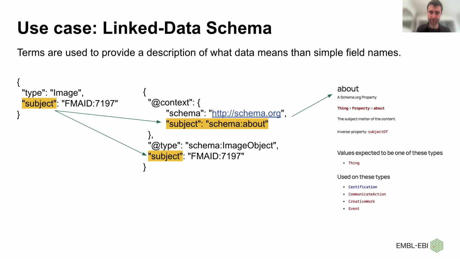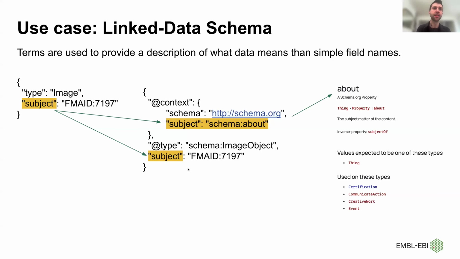So this is an example JSON-LD document in the center, but there are other ways in which you can return linked data. And so the idea is that you start off with this document here on the left, and you can add a context to it, and that context provides links to terms in ontologies that define what the field means.